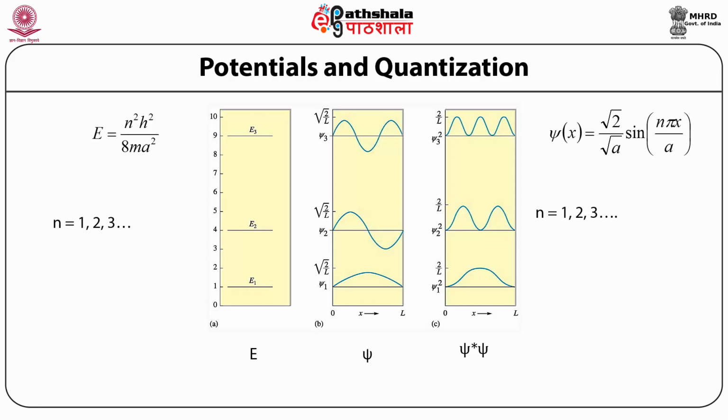And the last figure represents the probability density, that is psi star psi, for n equal to 1, 2, 3 and so on, that is psi 1 square, psi 2 square and psi 3 square. So we can conclude that the probability density is positive for all the values of n.